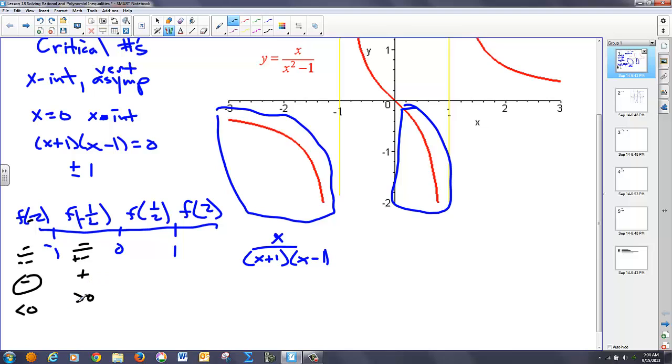And that's not what I wanted. If I plug in a positive half, I get a positive, positive, and a negative, which is a negative, which is less than 0, and that's what I wanted. And then I plug in a 2, and I get a positive, positive, positive, which is a positive, that's greater than 0, and that's not what I wanted.